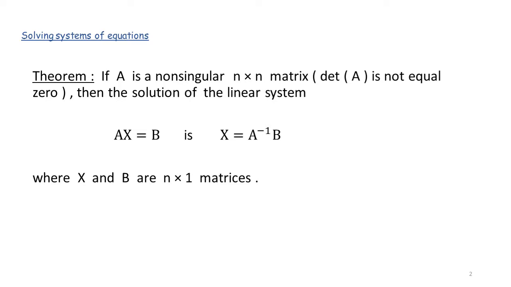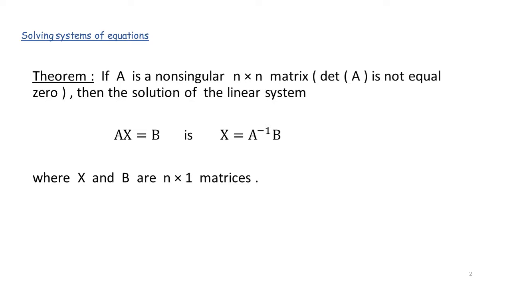In this theorem, they are giving us the idea how to solve the system of equations. Now, if A is a given non-singular square matrix, non-singular means the determinant should not be 0, and it is a square matrix, n cross n.